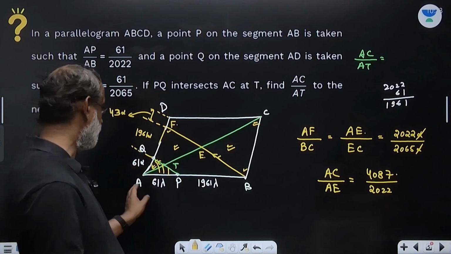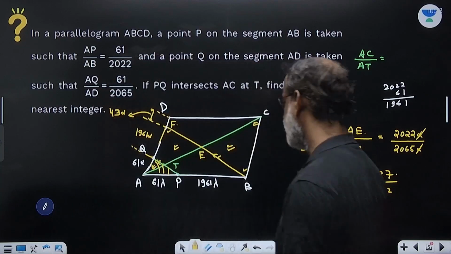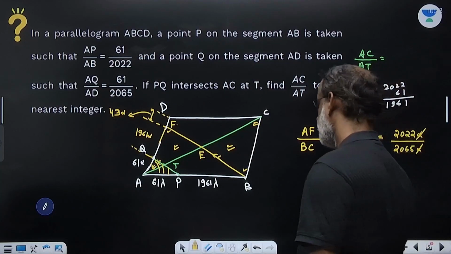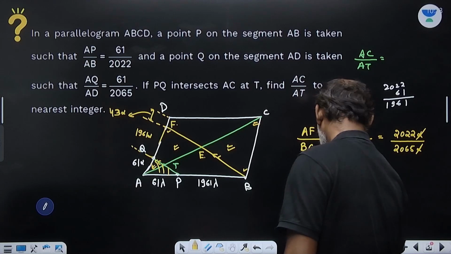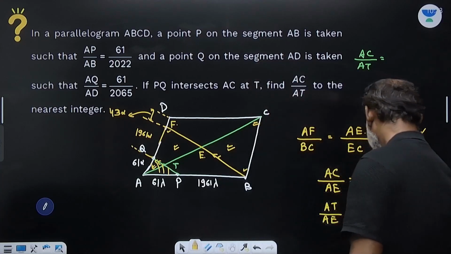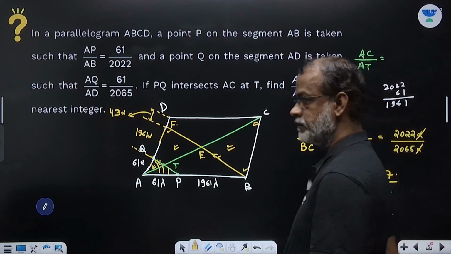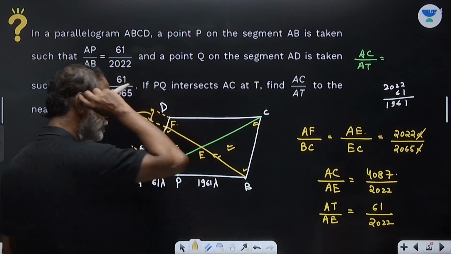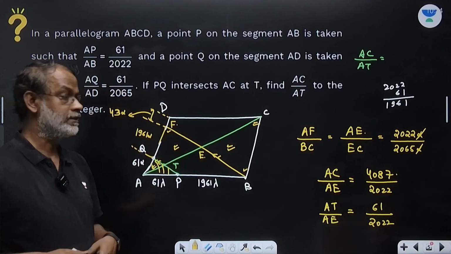So, we will be able to find AT by AE. So, I think now we can very easily conclude that AT by AE by similarity would be 61 upon 2022.